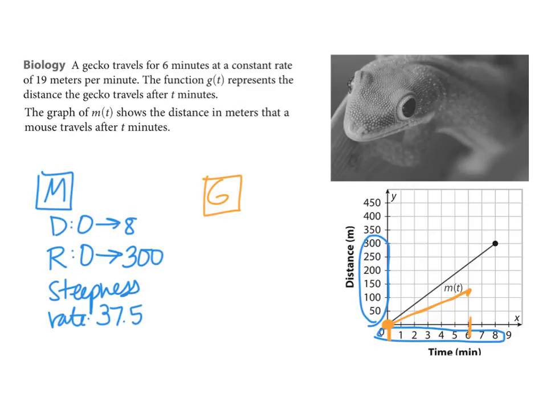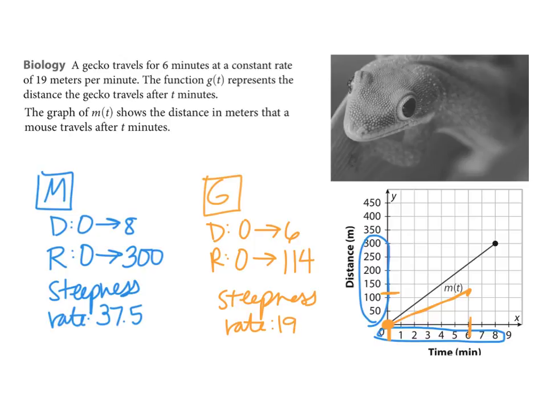All right, so if I talk about the gecko's domain and range, domain, again, are x values, so that's 0 to 6. Range are my y values, which is going to give me 0 to the y we just said was 114. And then the steepness here is going to be the rate that we just found, which was a rate of 19.